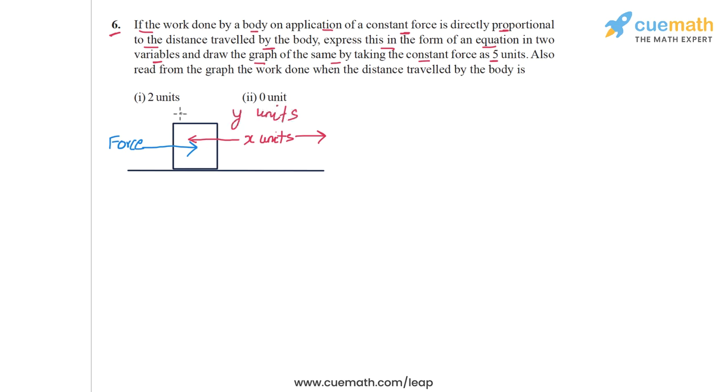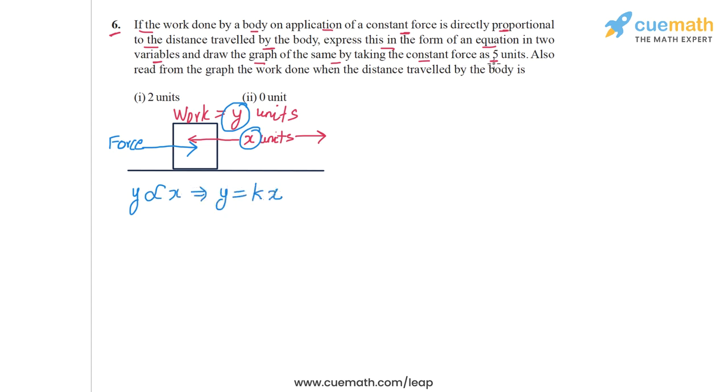Let's write this as follows: work done is equal to y units and the distance traveled is x units. So what the problem is saying is that the work done y must be proportional to the distance moved, which is x. So y is proportional to x, or y will be equal to some constant of proportionality k into x.